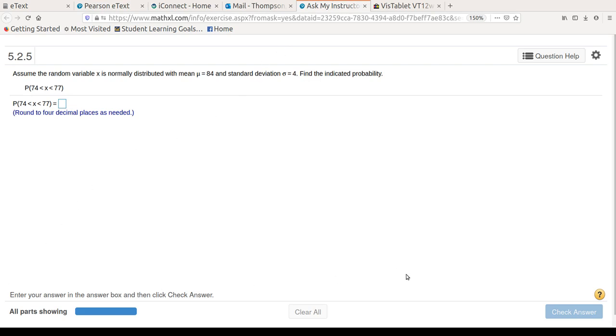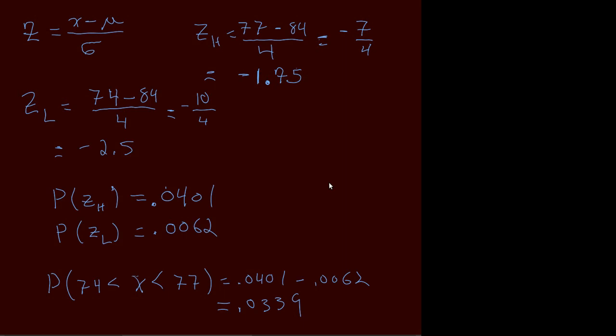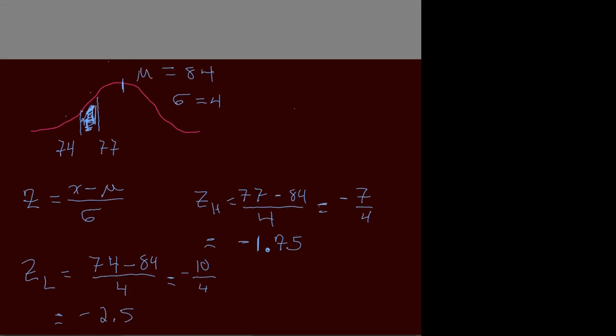And so this is a good example of using our tables to generate our probabilities. The key with these standard normal problems is to draw the regions you're looking for. Identify your mean and identify your boundary values.